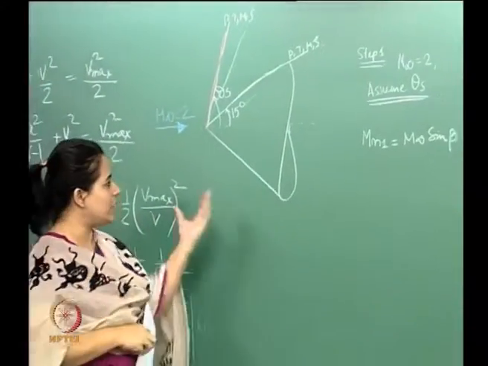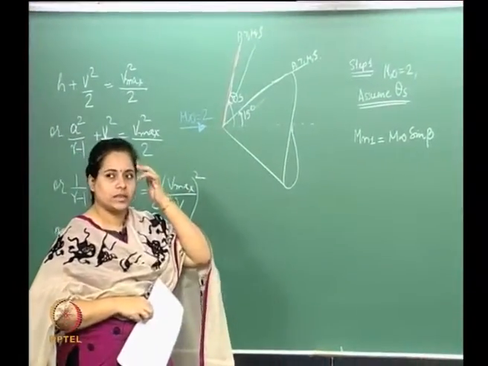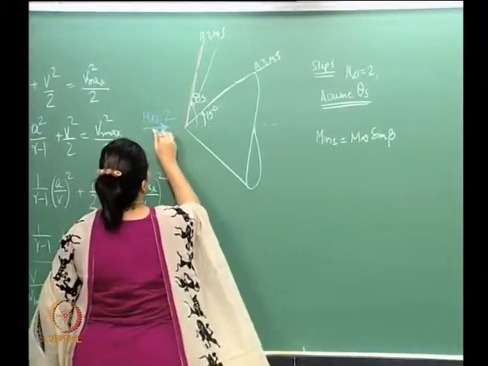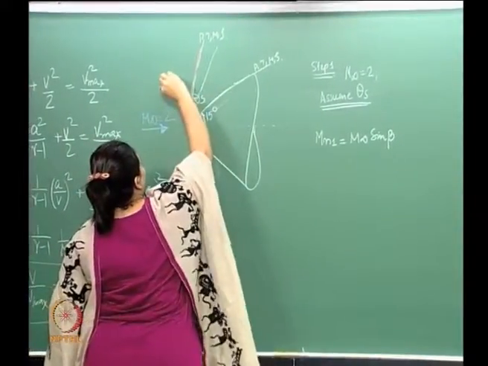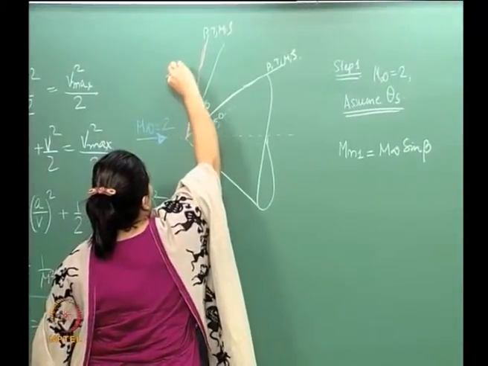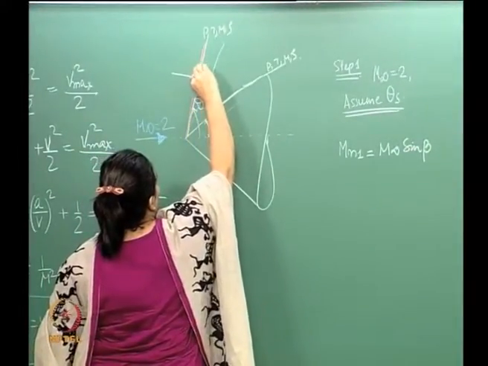So, this was the expression which we used last time. Mn1, the normal component: this is inclined, so I am going to find out the normal component of this.